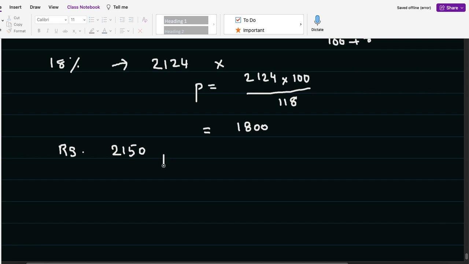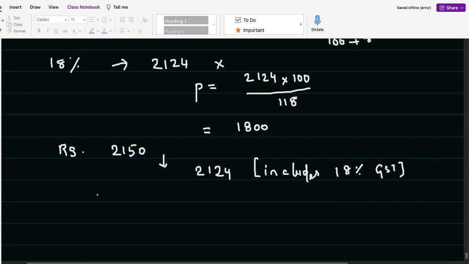Now he has reduced the price for the customer and the new price is 2124, which is including the GST, and this price includes 18% GST. Understood? So find the reduced price and the amount of reduction.